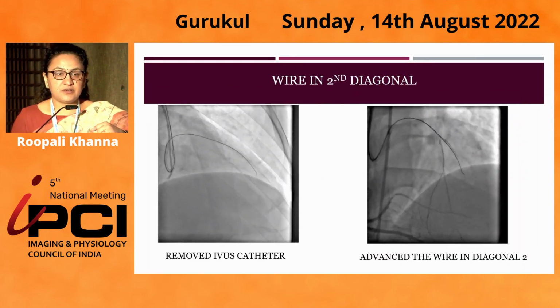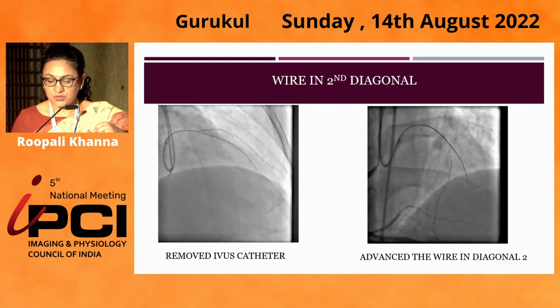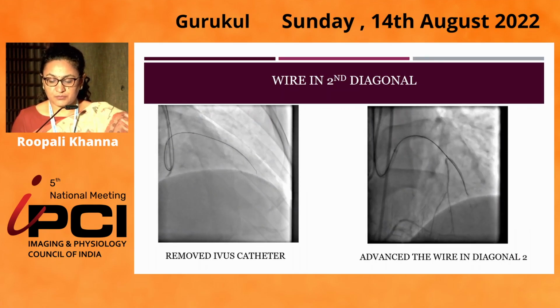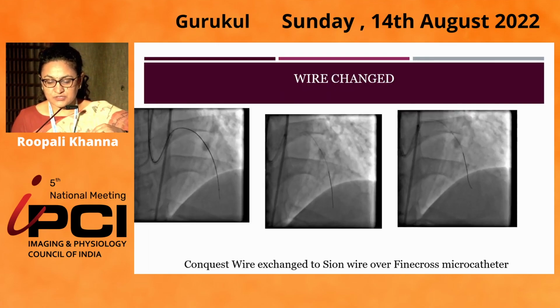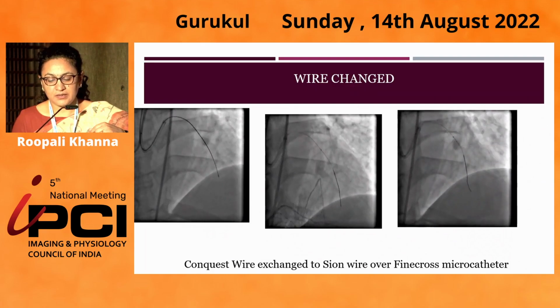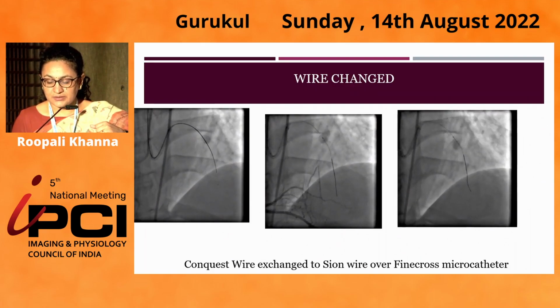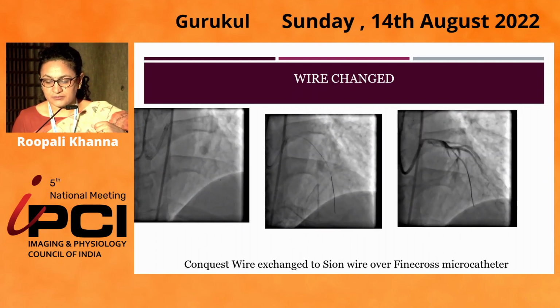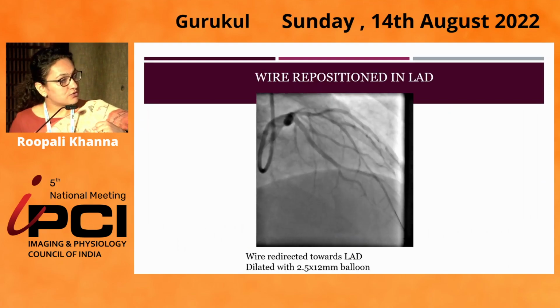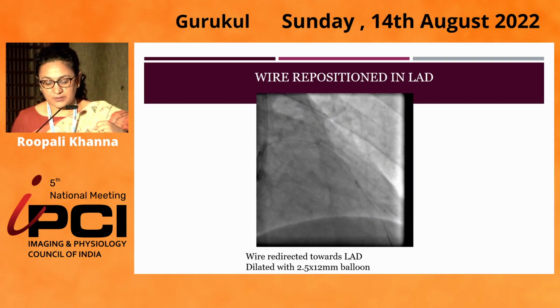So the IVUS work was done, the IVUS catheter was removed, and my wire was in diagonal 2, so I had to rewire it. We just gave a small balloon dilatation in the proximal part, not going till the distal part, and we changed the wire over a fine cross catheter. Then the wire was repositioned in the LAD, and it was dilated with a 2.5 by 12 mm balloon.